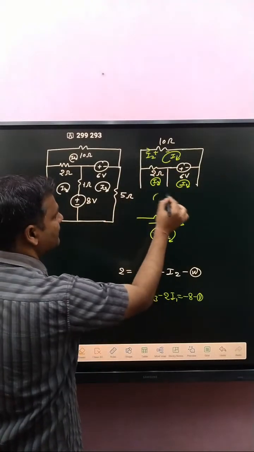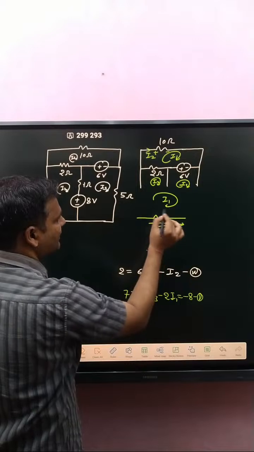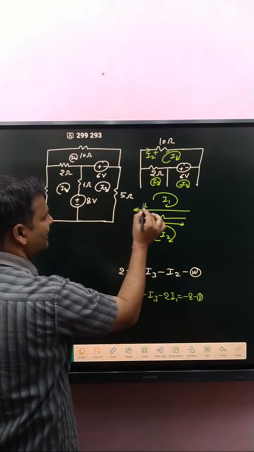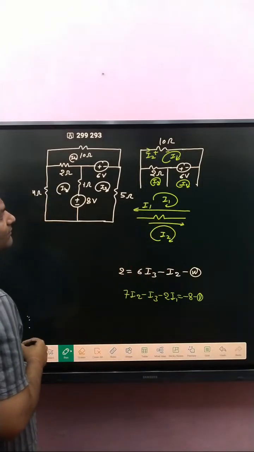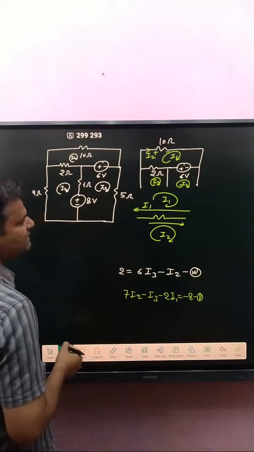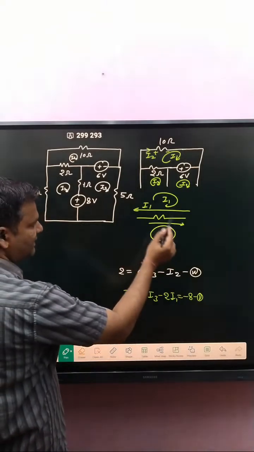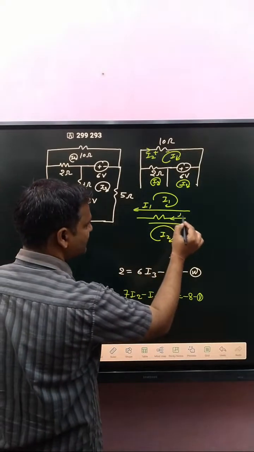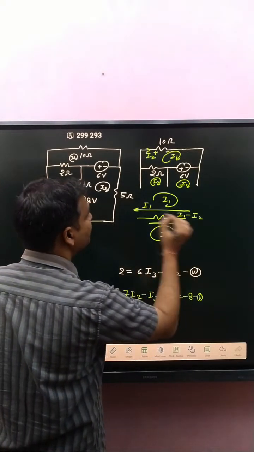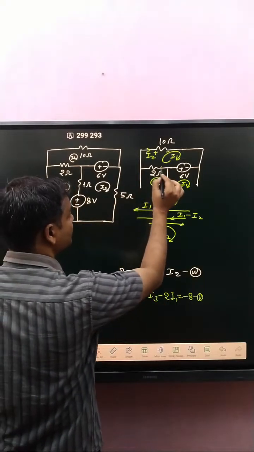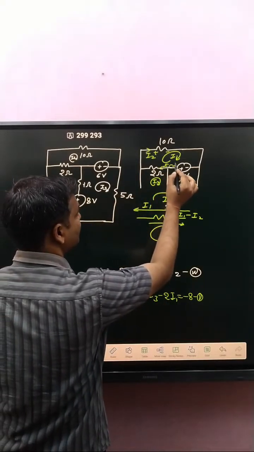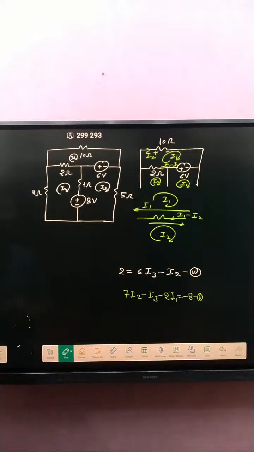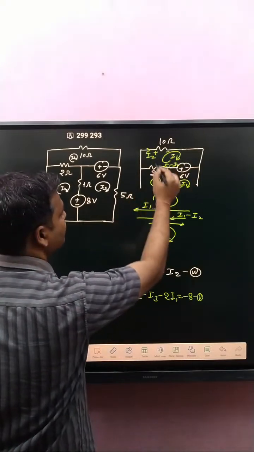I1 direction like that one, basically I1 like that one. If I1 is greater than I2, it means this current is opposite to this one, so net current in this branch is I1 minus I2. So here I1 minus I2 current. Clear? Now apply KVL in this loop.